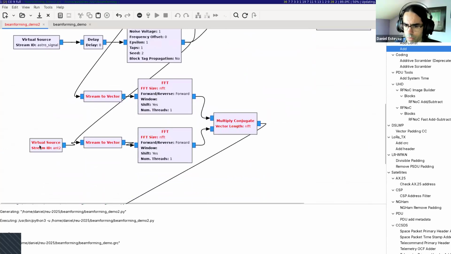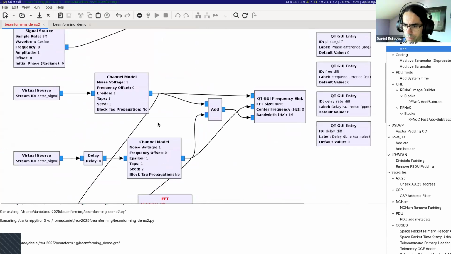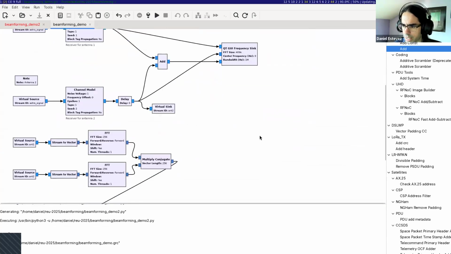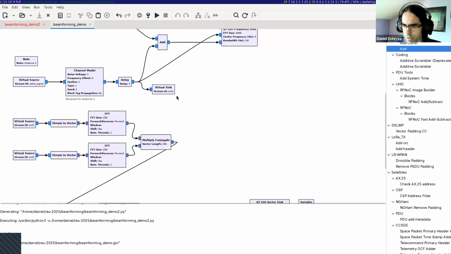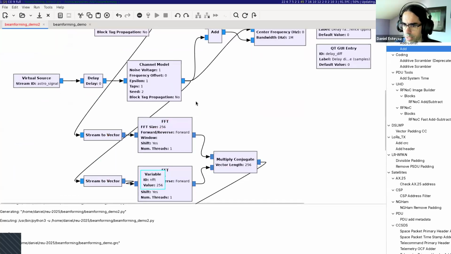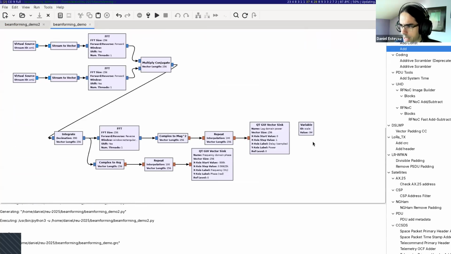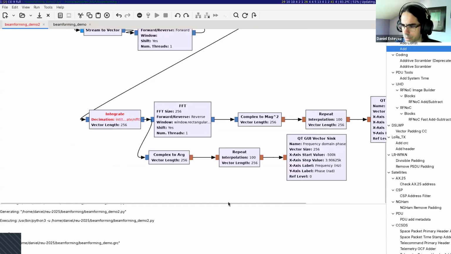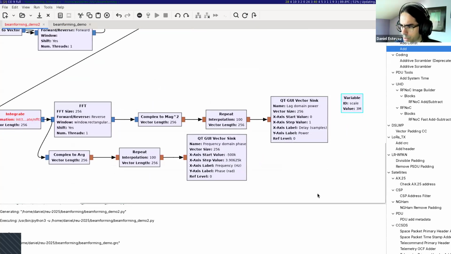So I'm connecting each of these to the signals received by each of the antennas. And then I need an NFFT. Where do I have it? NFFT. So I'm going to do FFTs. And I also need a scale in here. Where did my scale go? Here.